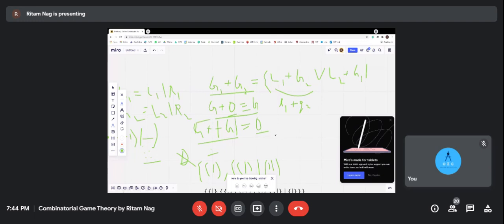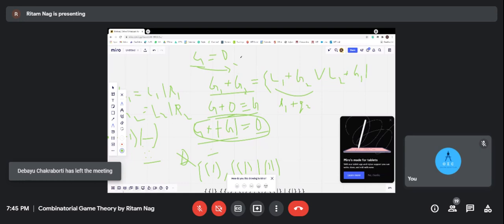And so for equivalence to 0, you can actually have a simple definition. A game G is equivalent to 0 if and only if G is a second player win. This means that if L starts, R wins, and if R starts, L wins.